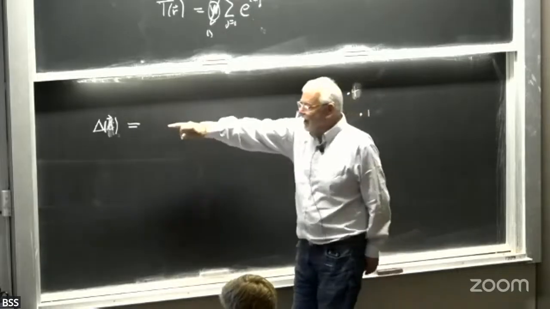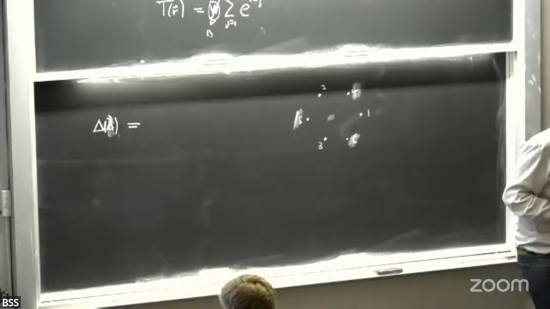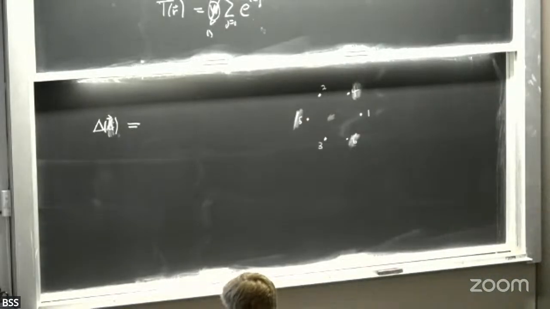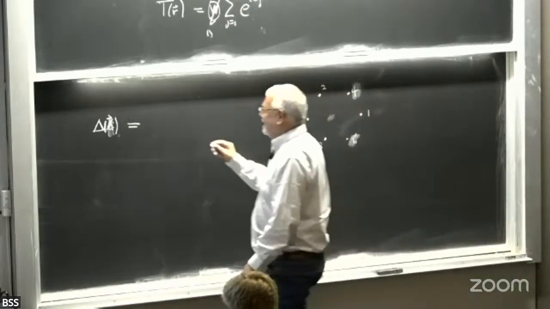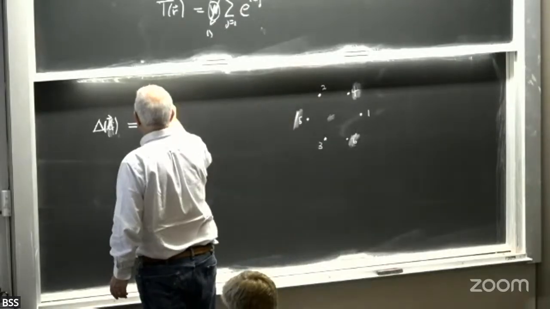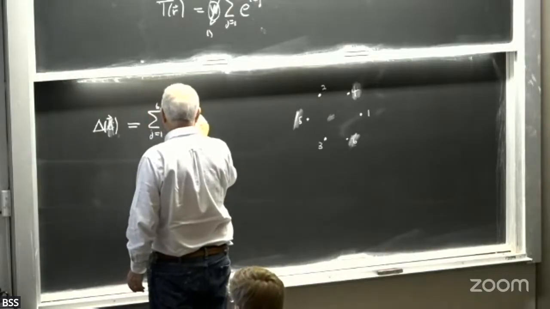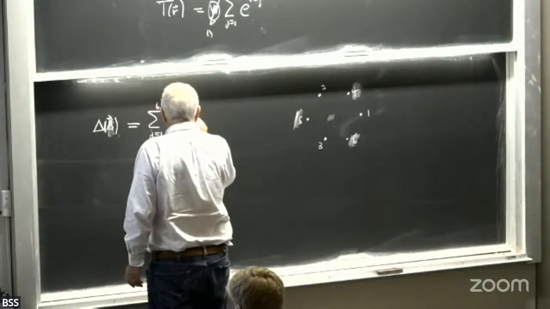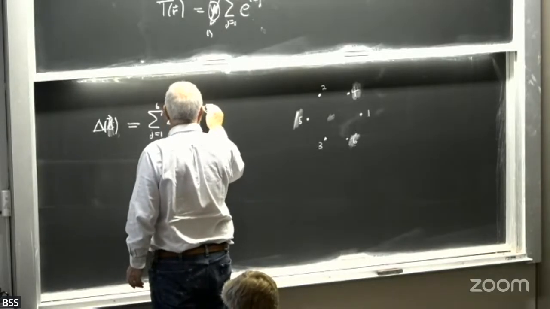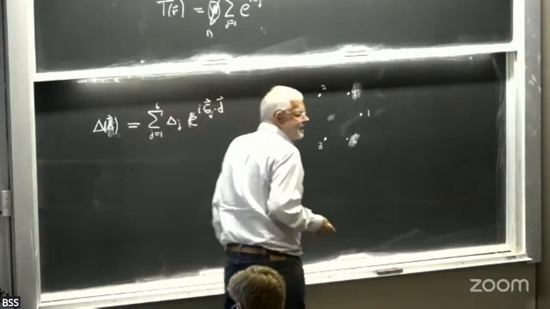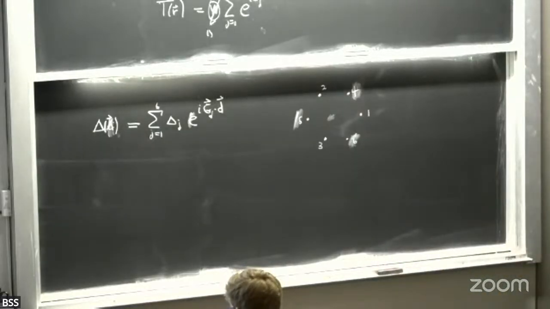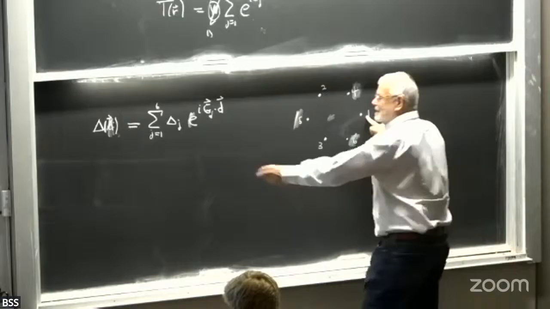To represent how this on-site metal energy depends on stacking, if I use the usual smoothness argument and truncate this Fourier expansion at the first shell, I still have seemingly 6 complex coefficients that I have to represent, and this is an on-site metal energy.